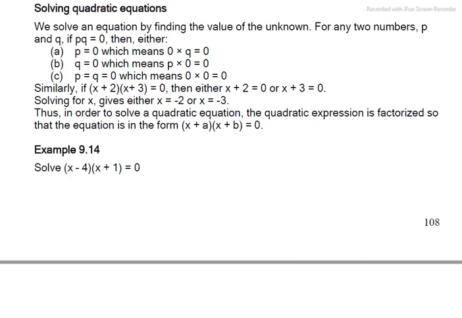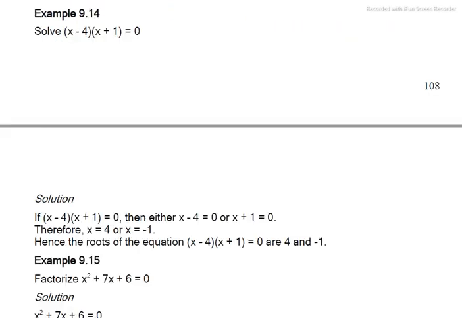For instance, we are supposed to solve x minus 4 into x plus 1. If x minus 4 into x plus 1 equals 0, then it means that either the first bracket equals 0 or the second bracket equals 0.